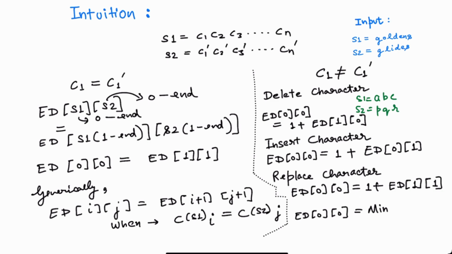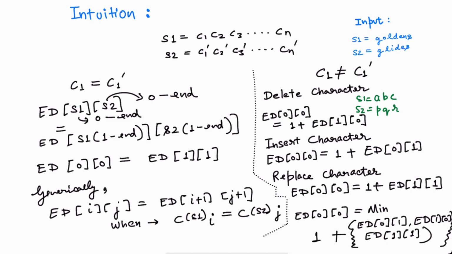Basically I can take 1 as common, so my equation becomes minimum of ed01, ed10 and ed11 plus 1. So we take the minimum of these three and then add 1.